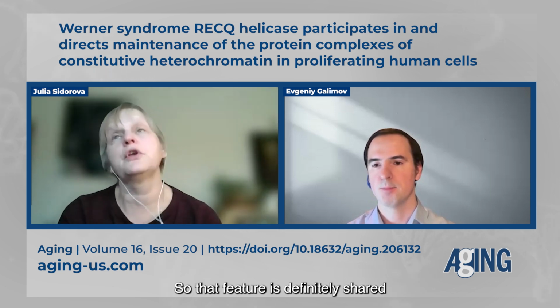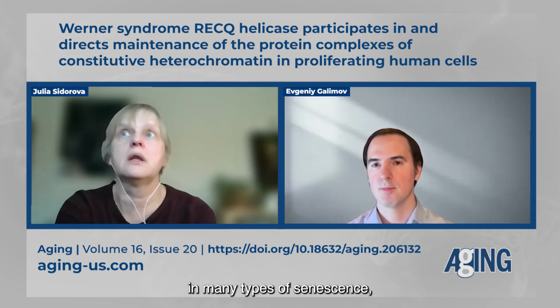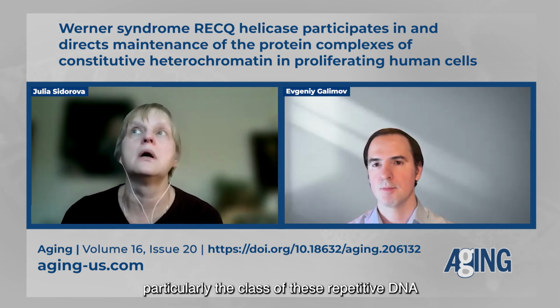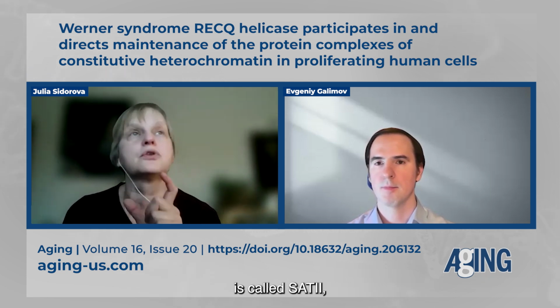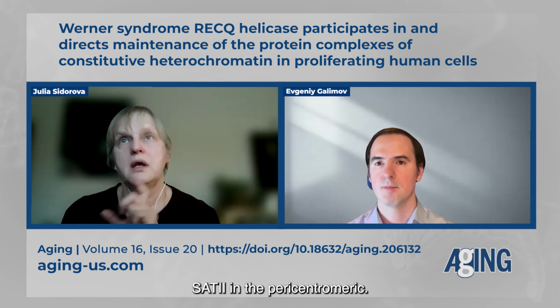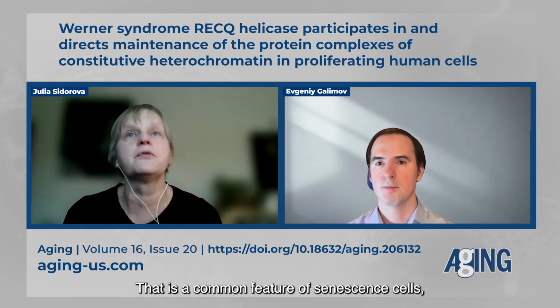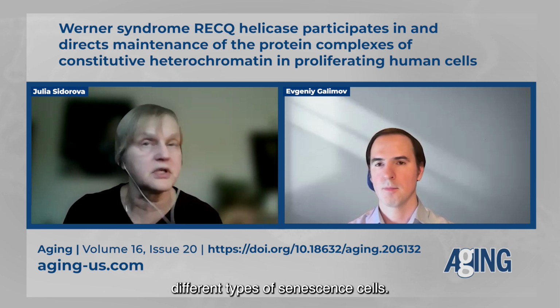Absolutely, yes. That feature is definitely shared in many types of senescence, particularly this class of repetitive DNAs called SAT2, satellite 2, in the pericentromere. That is a common feature of different types of senescent cells.